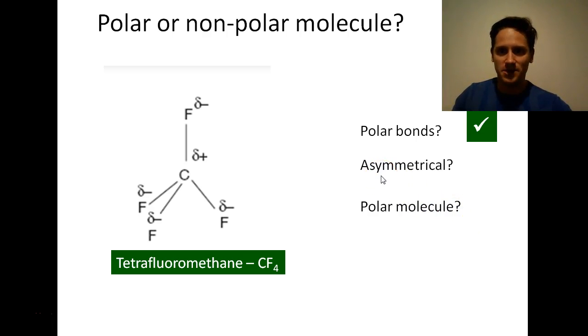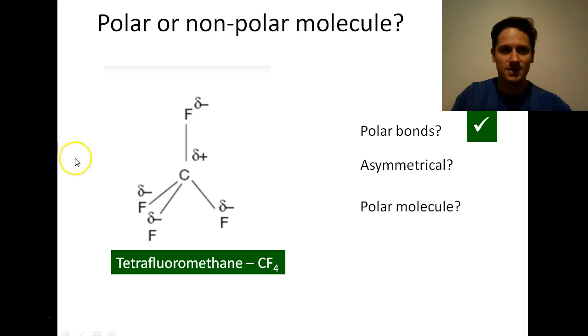Is there asymmetry? The left-hand side of the molecule over here, negative. The right-hand side, negative. The bottom, negative. The top, negative. So all around the molecule is negative. So those dipoles cancel each other out.